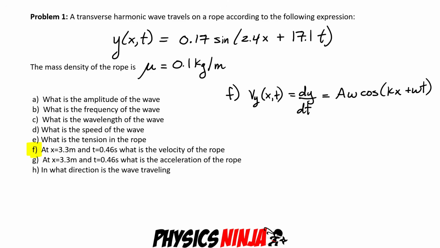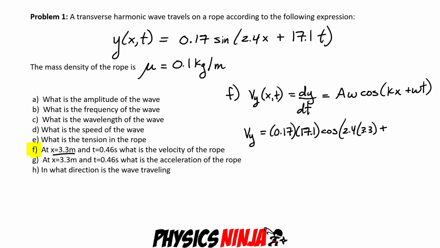Now we simply substitute in all our values. So that vertical velocity at this position, 3.3, and at that time, so we substitute. The amplitude was 0.17. My omega value is 17.1. And now cosine, this term here is exactly the same. You get 2.4 for the wave number, except the x value that we're looking at now is 3.3.